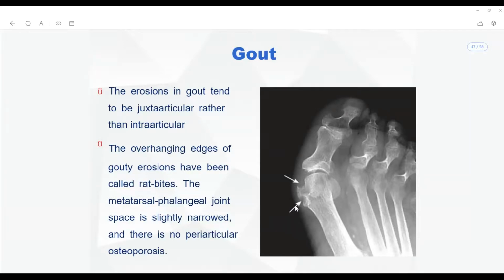Now you can ask, don't you think it can be rheumatoid arthritis, osteophyte formation? No, you have to understand rheumatoid arthritis will have joint space narrowing. Gouty arthritis will not have joint space narrowing. Rheumatoid arthritis generally happens in the bigger joints, and gouty arthritis happens principally along the great toe, and it is monoarticular.